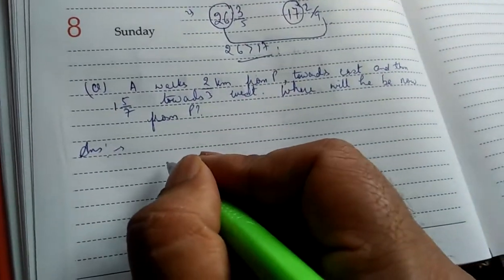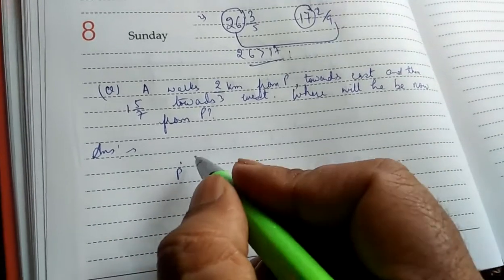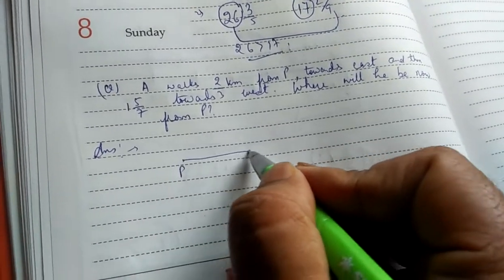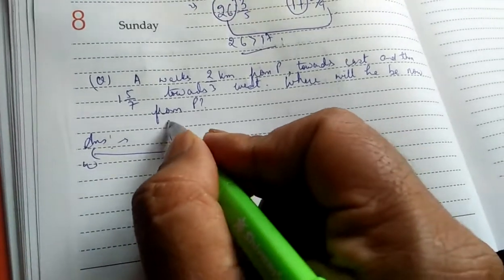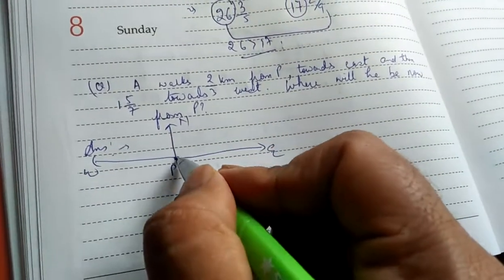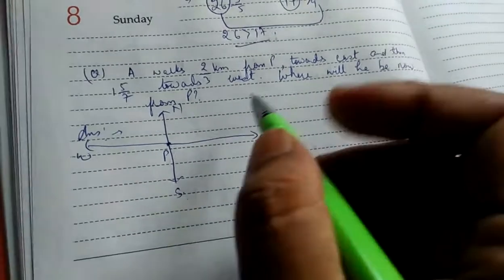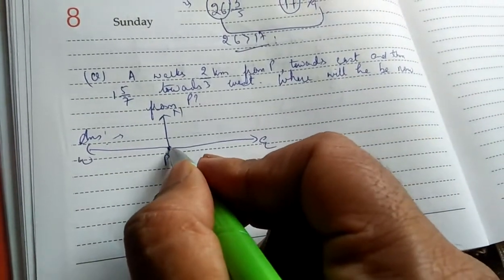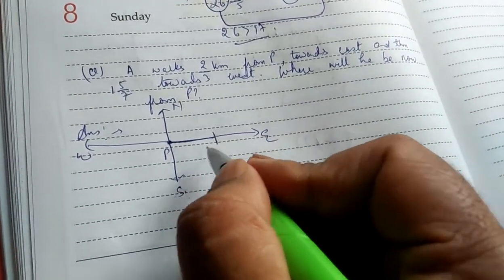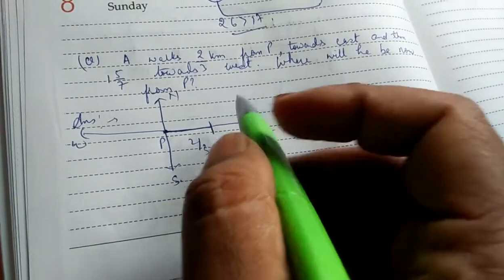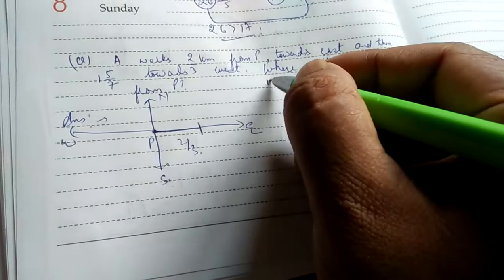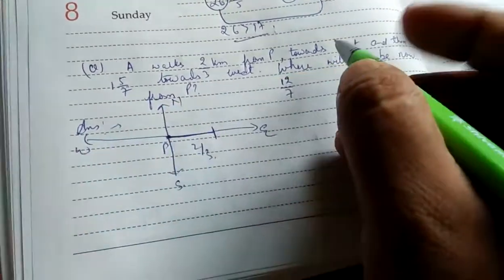So let's say this is the place P. Let's say this is east. We know then this is going to be west, then this is going to be north, and this is going to be south. So he walks 2 by 3 kilometers east. Now he is walking 12 by 7 kilometers west.